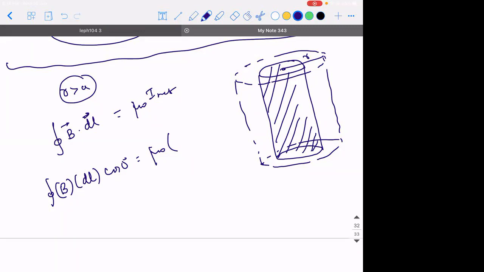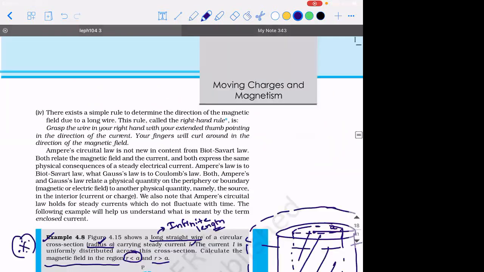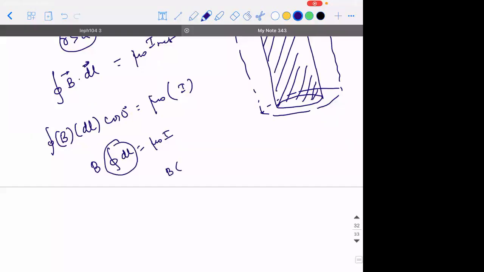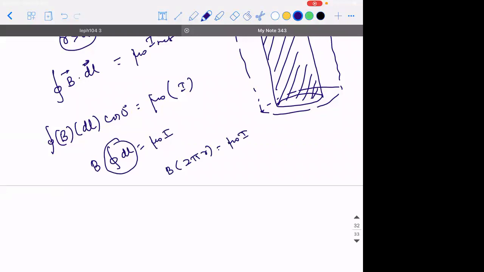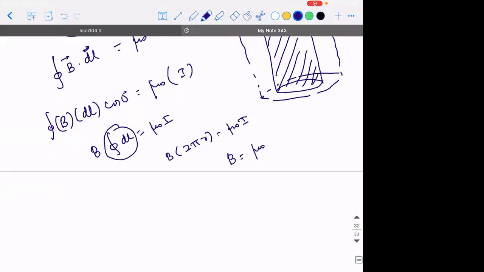So B times the line integral of dl will be equal to mu naught into I. What is the line integral of dl here? It will be 2 pi r, so 2 pi r B is equal to mu naught into I. So B will be equal to mu naught I divided by 2 pi r. Here the cylindrical conductor behaves as if it is a circular conductor, and you get the same value.